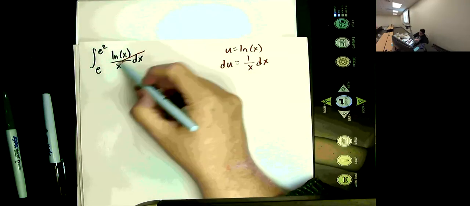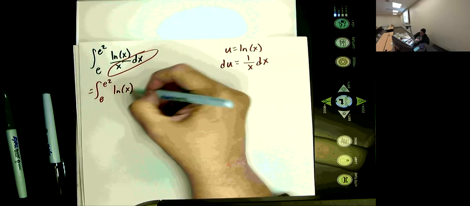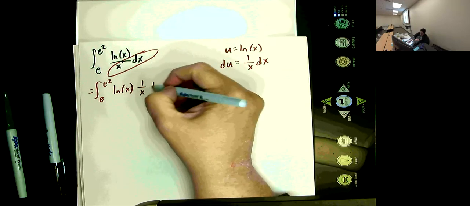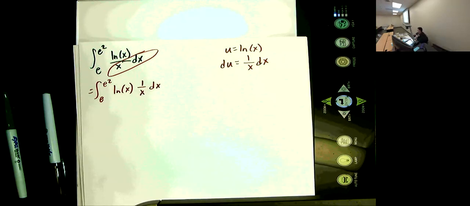And we do have that, because you can rewrite that as the integral from e to e squared of natural log of x times 1 over x dx. So if you're stuck there, go ahead and keep going.